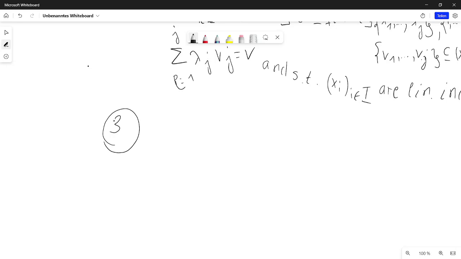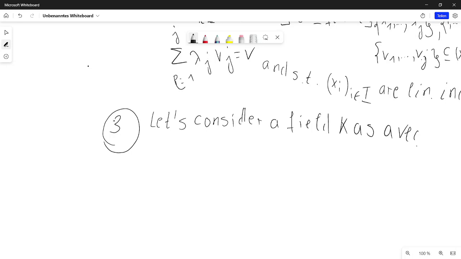Oh, okay. Let's consider a field K as a vector space, and you recall it is a vector space.